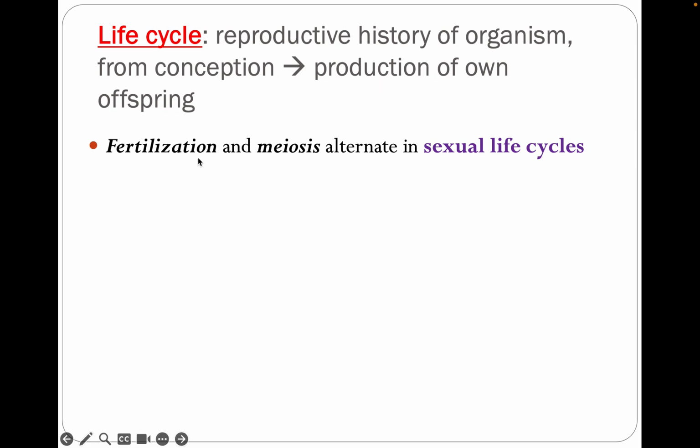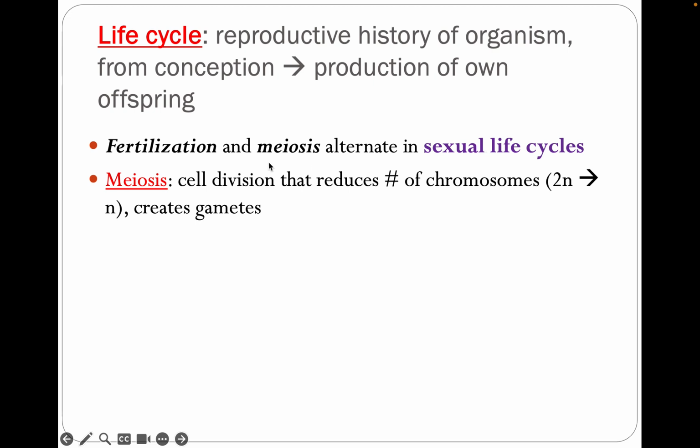So let's move on to something a little lighter. Life cycles: the reproductive history of an organism from conception to the production of their own offspring. Fertilization and meiosis alternate in sexual life cycles. Meiosis is cell division that reduces the number of chromosomes. Remember, we go from diploid to haploid gametes.